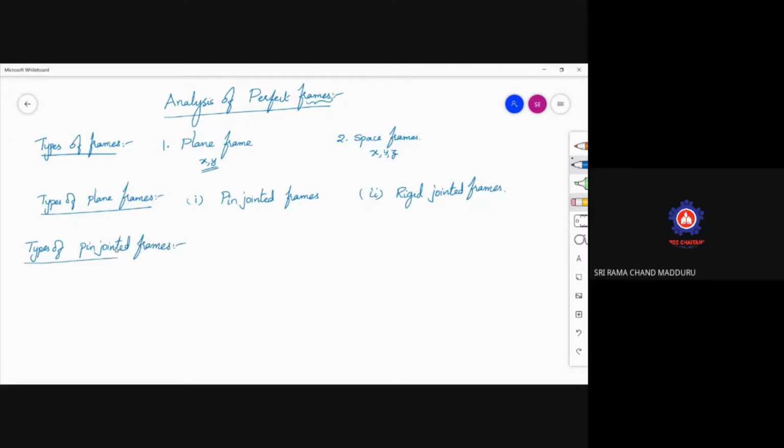In pin jointed frames, the first one is the imperfect frame, the second one is the perfect frame, and the third one is the redundant frame.